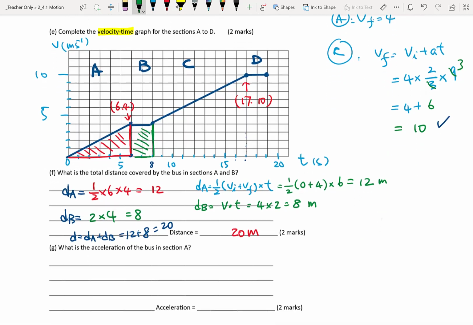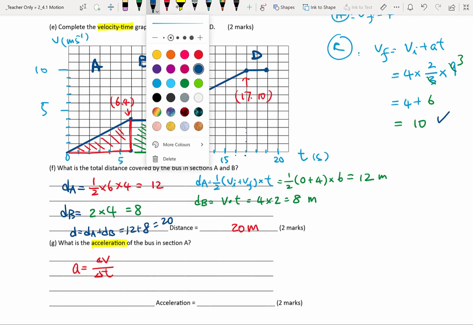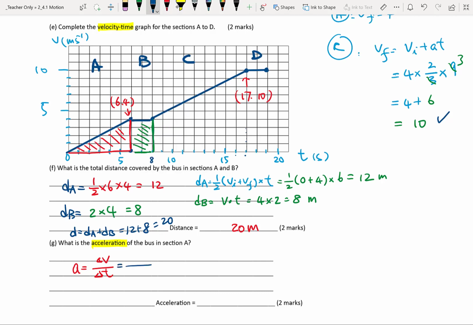Okay, the last one. What is the acceleration of the bus in section A, which we just did previously? Acceleration, and you can use the definition. A equals delta V over delta T. Okay, put the numbers in. Delta V from 0 to 4, 4 minus 0.